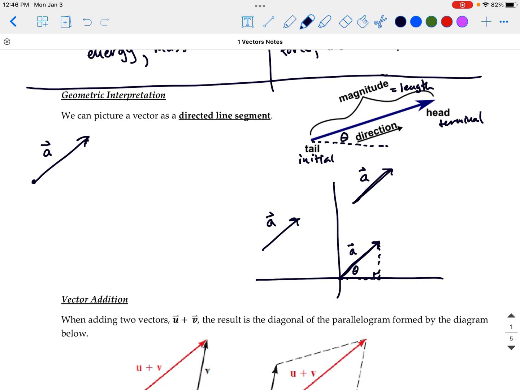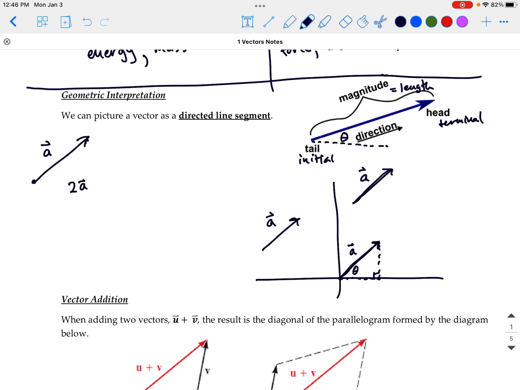So also to start, some things that we can do with vectors. Obviously, if I want to make the vector larger or smaller, I can stretch it or compress it like we did functions. And so that is going to be what we call scalar multiplication.